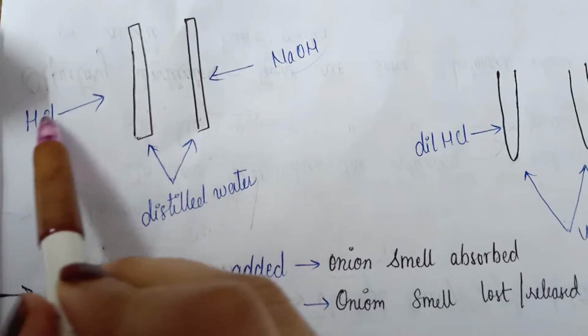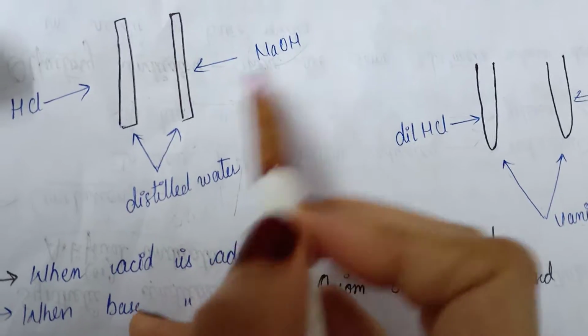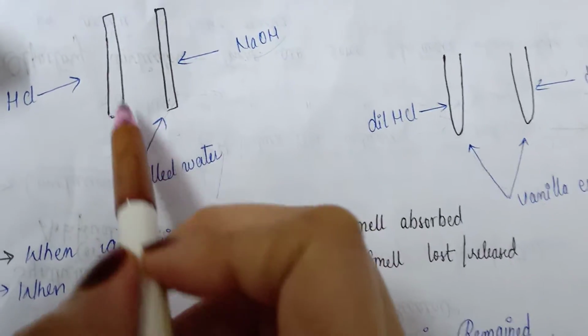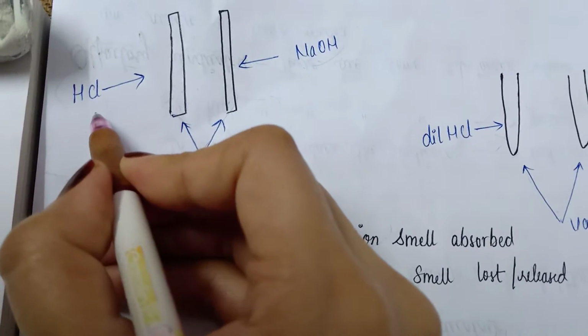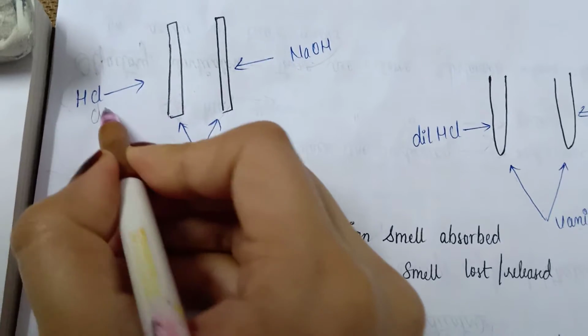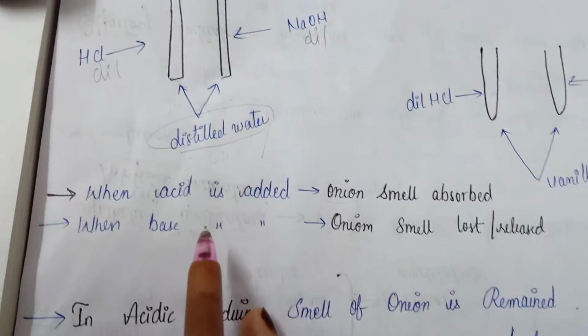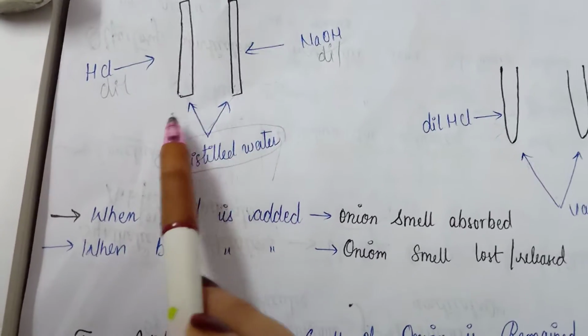In one cloth I am adding HCl and in another cloth I am adding NaOH solution, and then I am rinsing both with distilled water. It is not concentrated HCl, it is dilute HCl, okay, and this is also dilute NaOH after distilled water. Then you need to observe the smell of those two cloth strips.